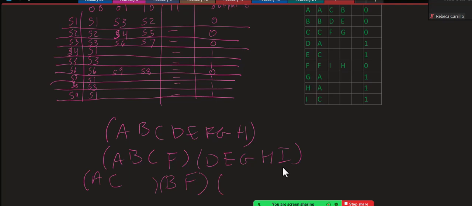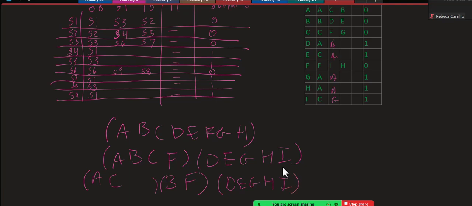These are a bunch of don't cares, so let's make them all go to the same thing. How about A? So then they can stay together.